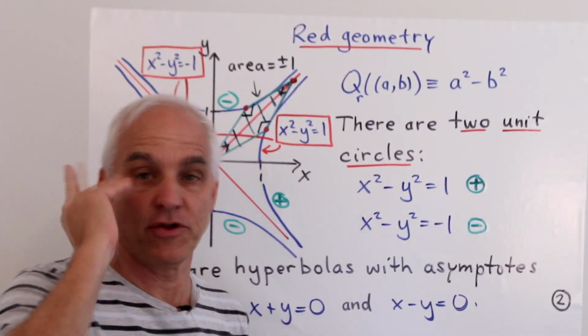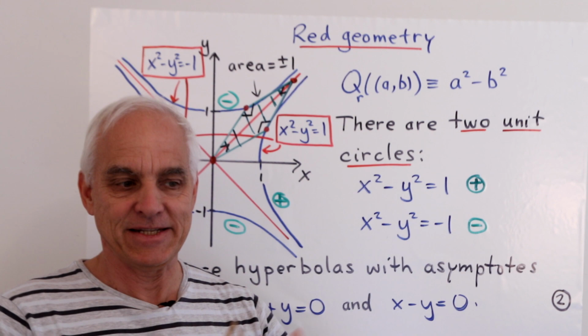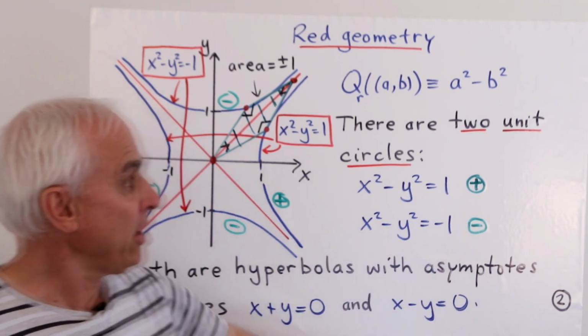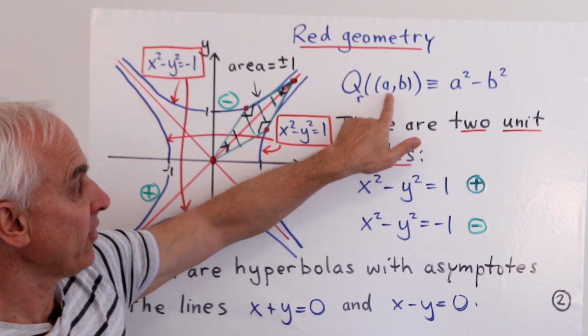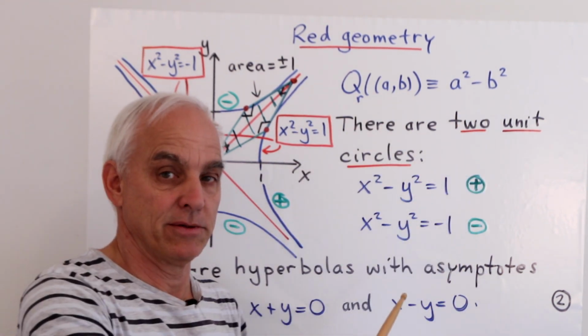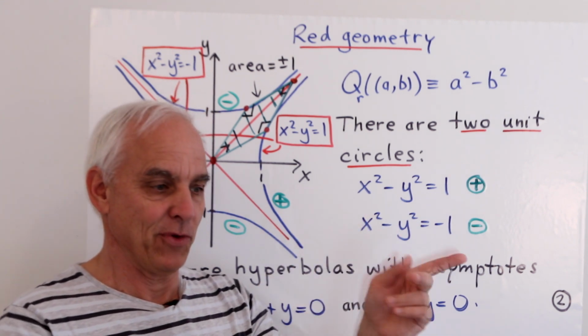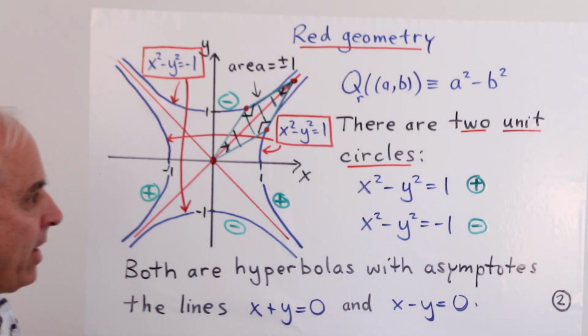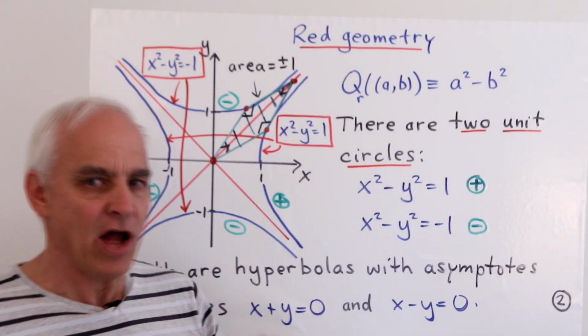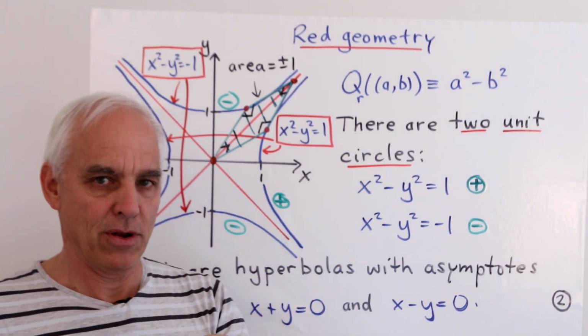So let's shift to the red geometry, and let's see how much of that carries over to the red geometry. So here the crucial quadrance formula is that the quadrance of the vector (a, b) is a squared minus b squared, as opposed to a squared plus b squared in the blue situation. And now things are a little bit more complicated because there's not just one unit circle.